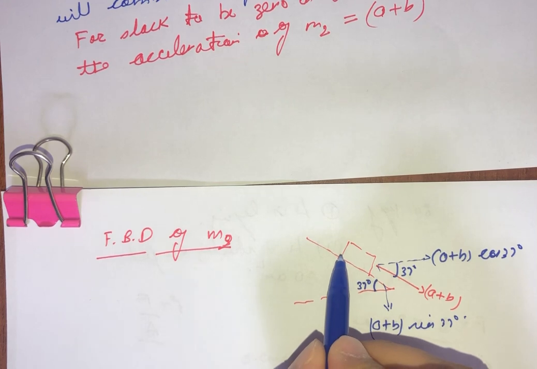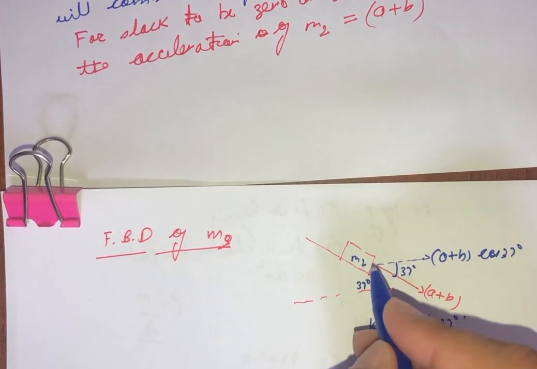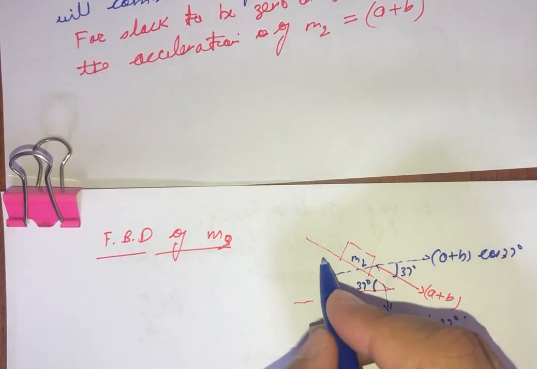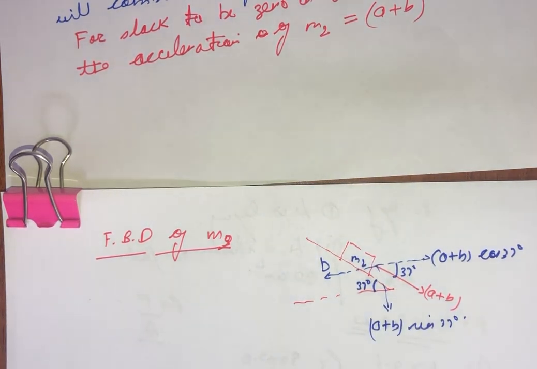And as it is moving downward, this is mass M2. There will also be an acceleration acting in the opposite direction, that will be called B.